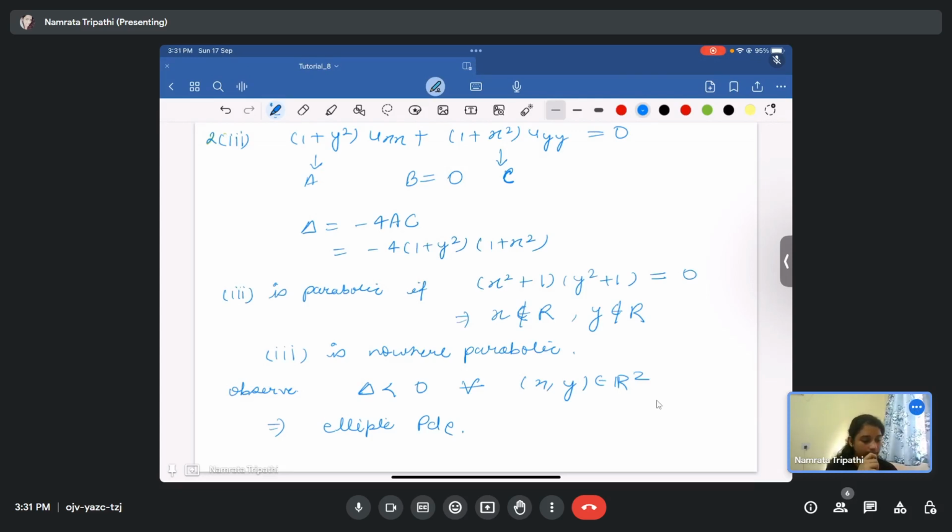The equation is an elliptic equation. Fine. Is there any doubt? So no need to draw, because all the points in the xy plane will represent an elliptic PDE in this equation. Fine.